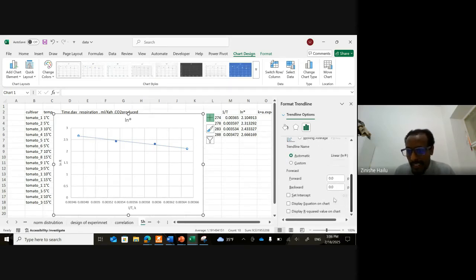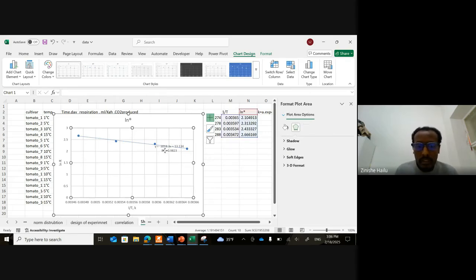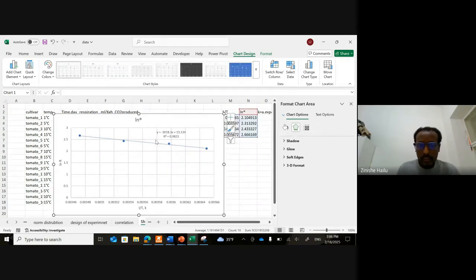So I will display the equation and the R squared. So here, look. At 98% of the fitting, the equation, the Y, is equal to this, with the linear. Now it's converted to the linear model.